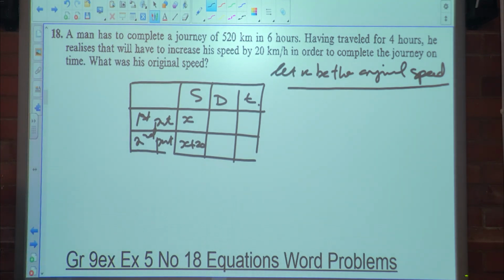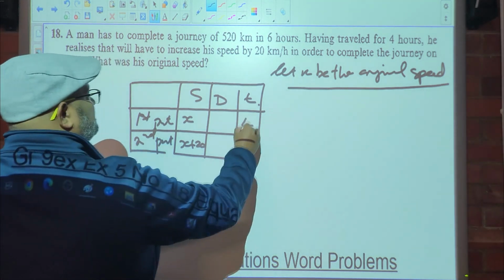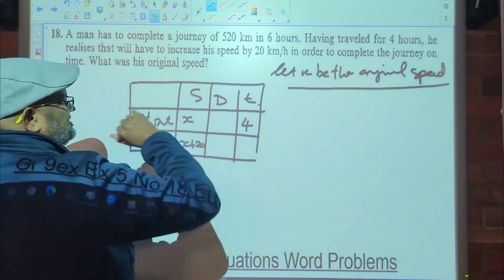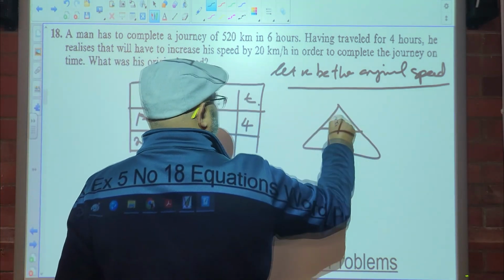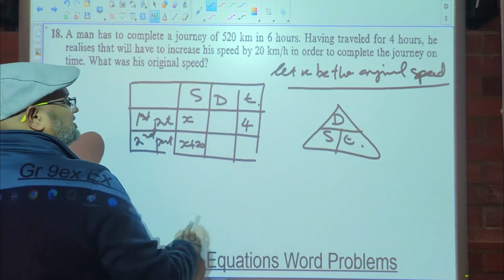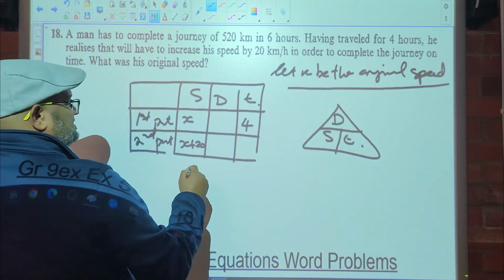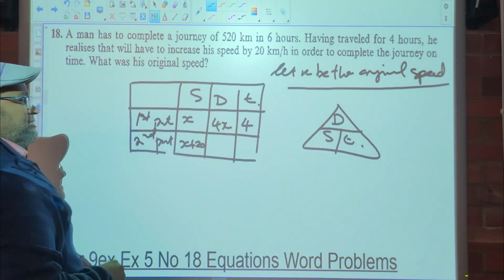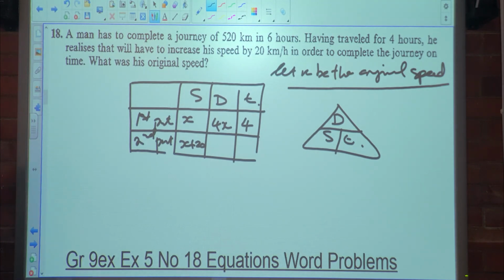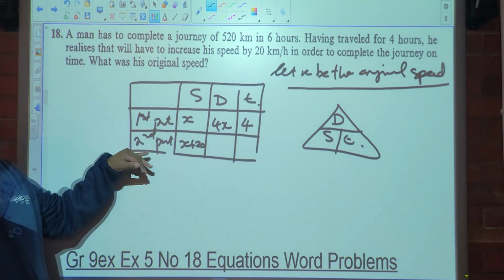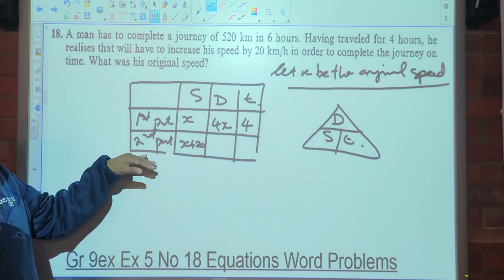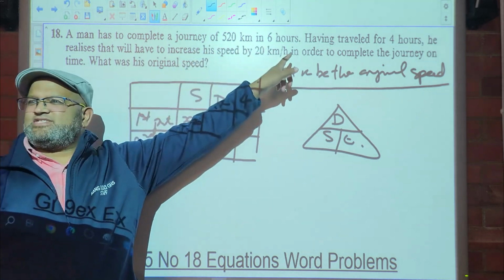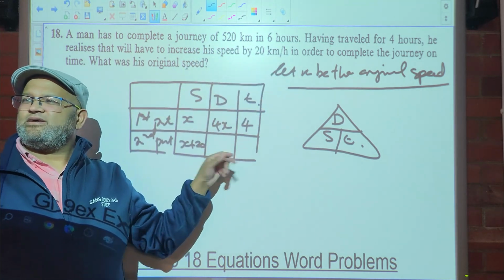Having traveled for 4 hours, distance, speed, time. So you want to work out the distance, which is going to be speed times time, which is 4x. Okay? So how long is the second part of the journey? If the total time is 6 hours, it has to be 2 hours.